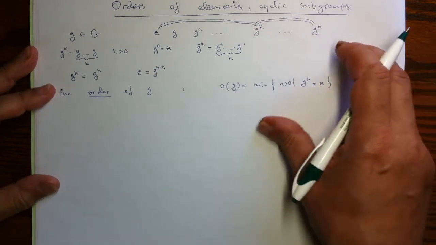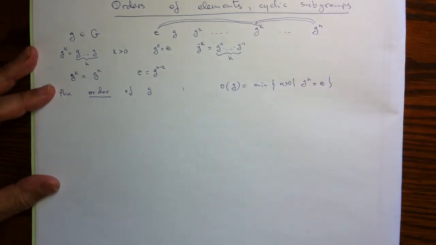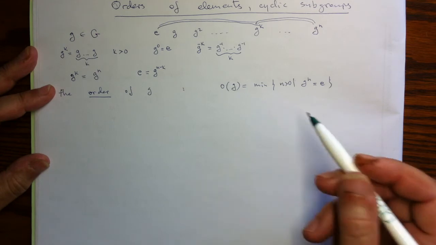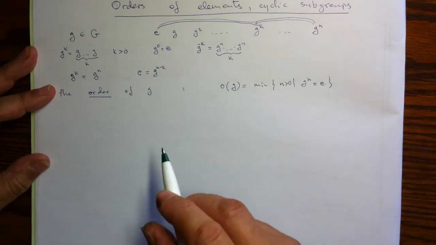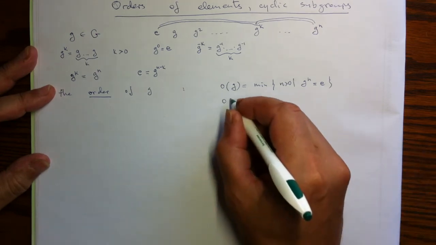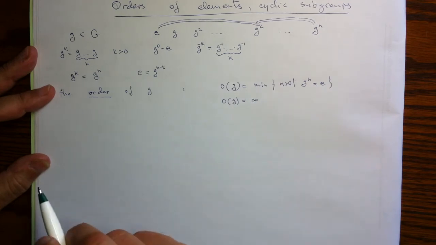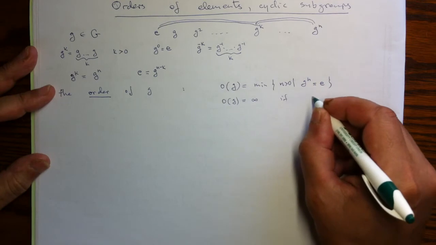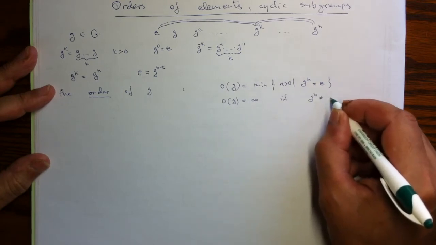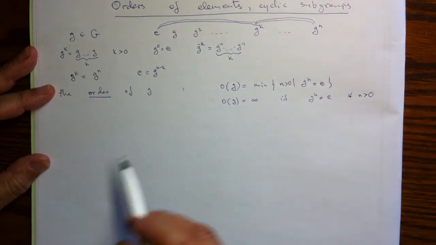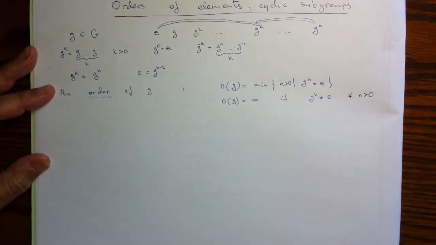It must happen in a finite group, and hence, at least in finite groups, this makes perfect sense. If we have an infinite group, it doesn't have to happen, and in that case there is a second possible answer, infinity, if none of the powers is the identity. That is called having infinite order.